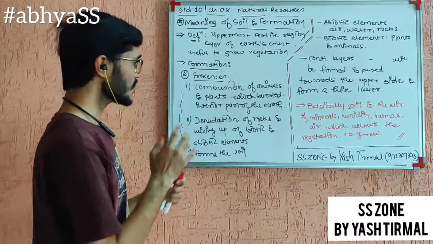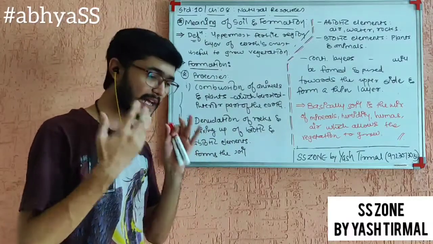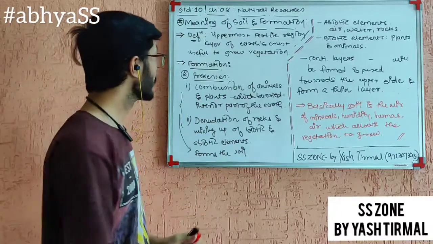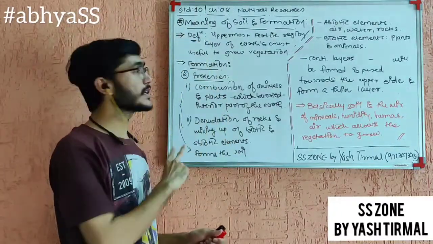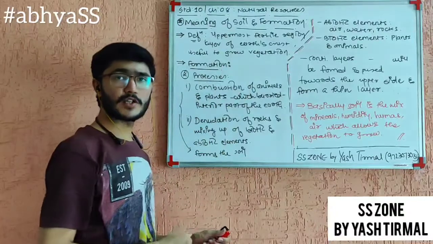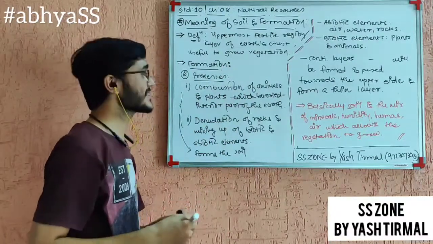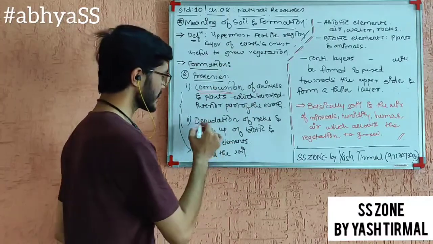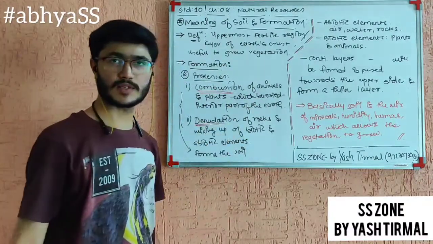This will be slightly different, but it will help you to understand whatever is there in your textbook. There are two processes involved in the formation of the soil: first is the combustion process and the second is the denudation process.